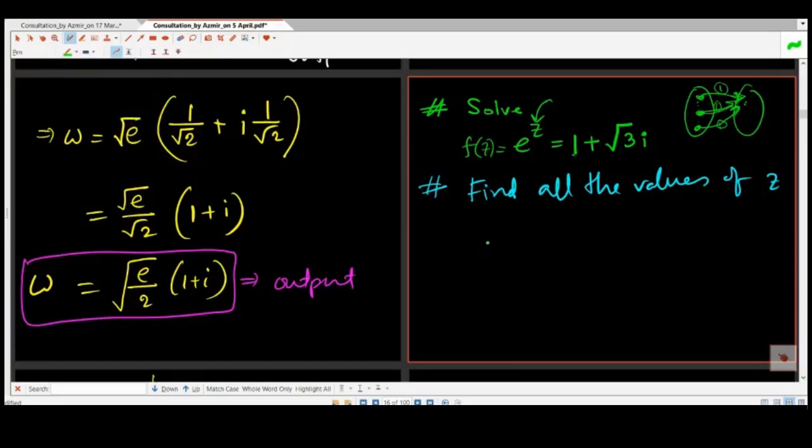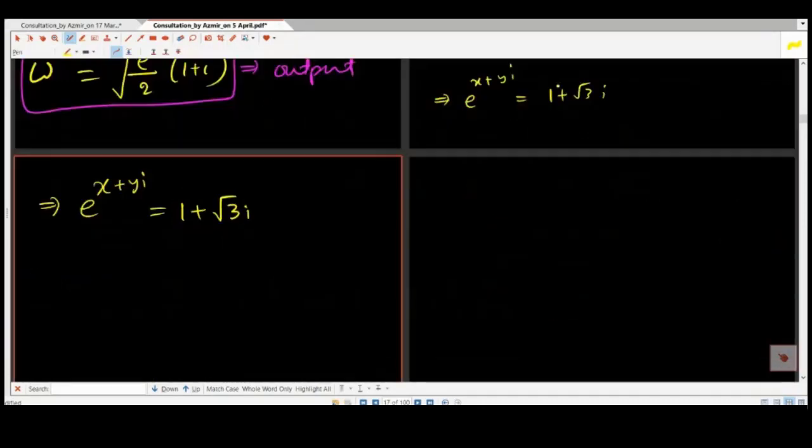So let's solve this one. We have e to the z equals 1 plus square root of 3i. So for solving this, we need to input z as x plus yi. So we have e to the x plus yi equals 1 plus square root of 3i. So the right side complex number is in rectangular form.